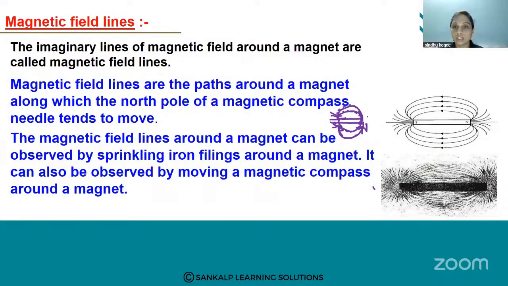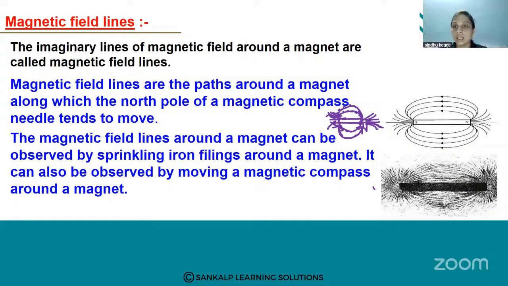Due to that we draw these lines. So all these imaginary lines which are generated around the magnet are called magnetic field lines. This is the definition of magnetic field lines.